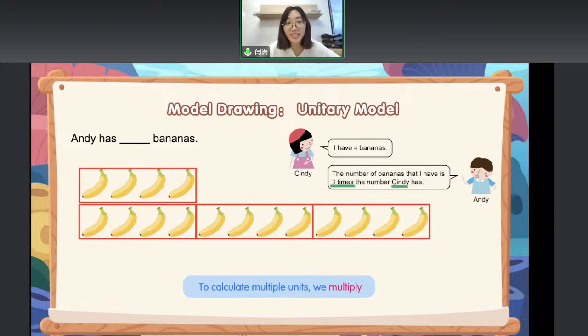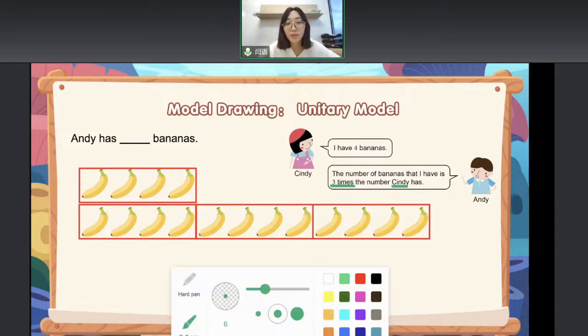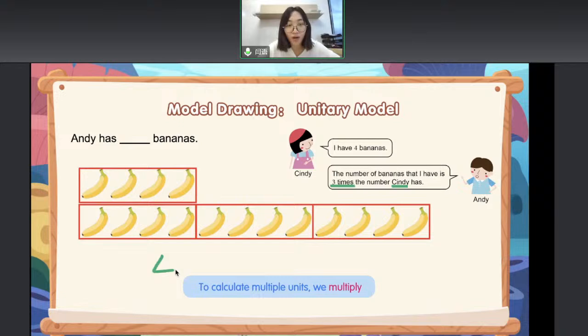That is, to calculate multiple units, we multiply. That is 4 and then 3 times. So here, times 3 equals 12. Okay, here we can get 12 bananas. So now you see, this is how we draw the basic model.